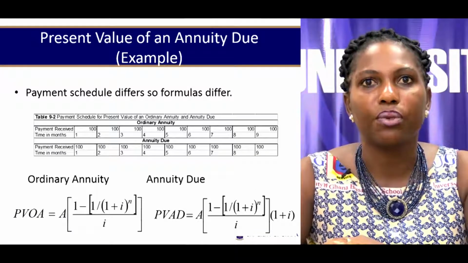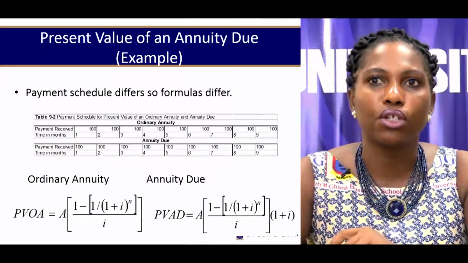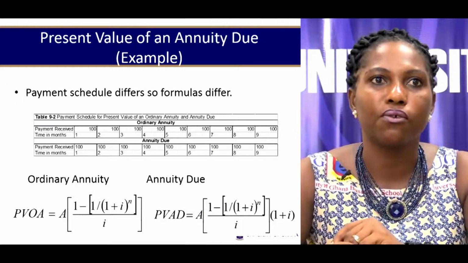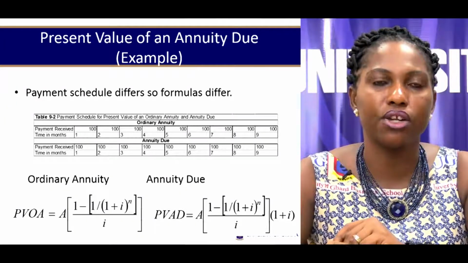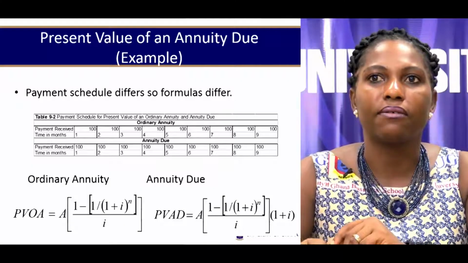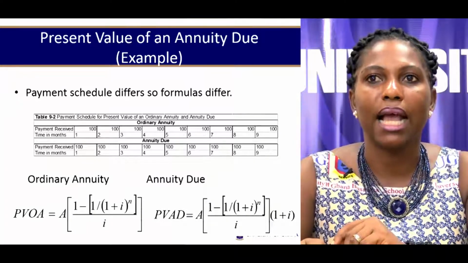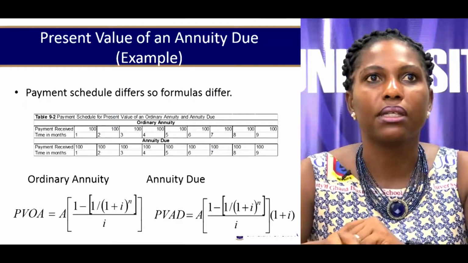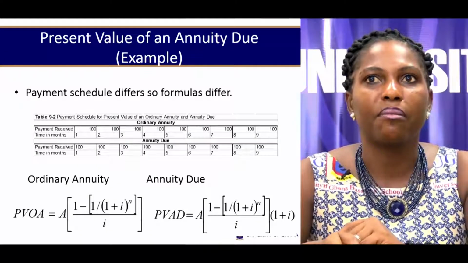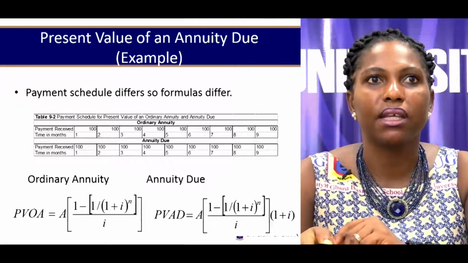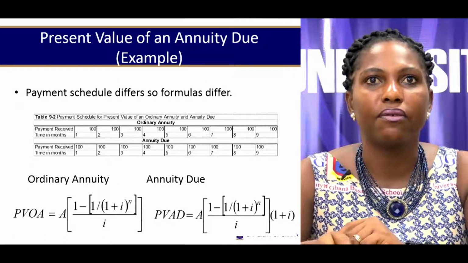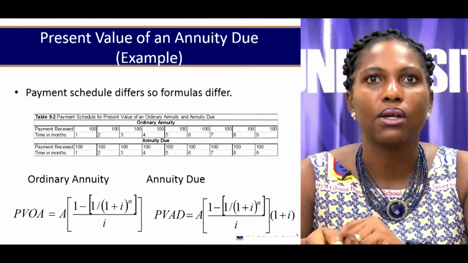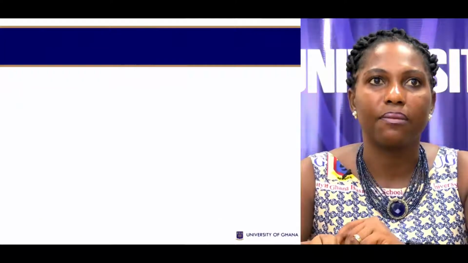I believe that should bring us to a significant portion of it where we see the formula. So for the ordinary annuity, this is the formula, and then for the annuity due, we adjust for the 1 period, because if you look at the cash flows, you can see that payment in terms of months, we receive this, and then with annuity due, the payment actually does start on a very different time frame.